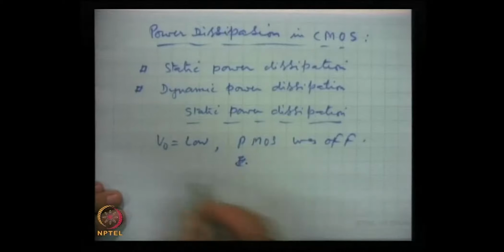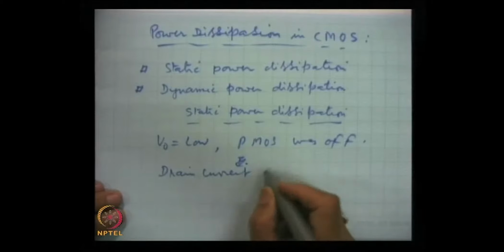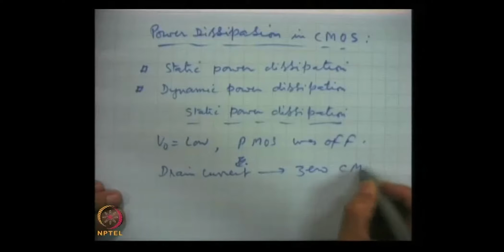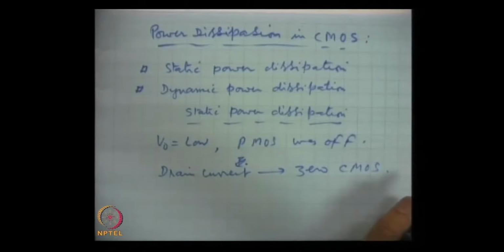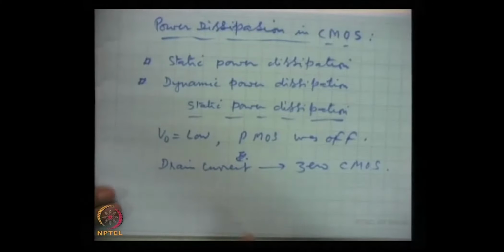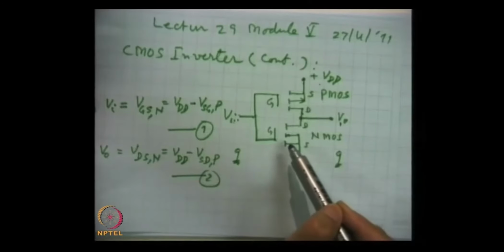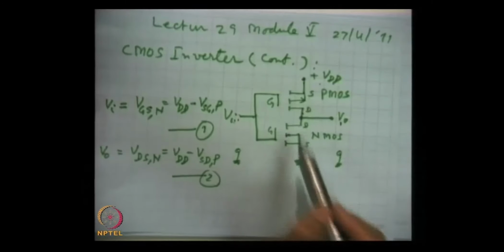In fact, the total drain current was 0 in the CMOS. And similarly, when it changes state the other way, the drain current was still 0. In either case, when this is off and this is on, or when this is off and this is on, the drain current is 0.